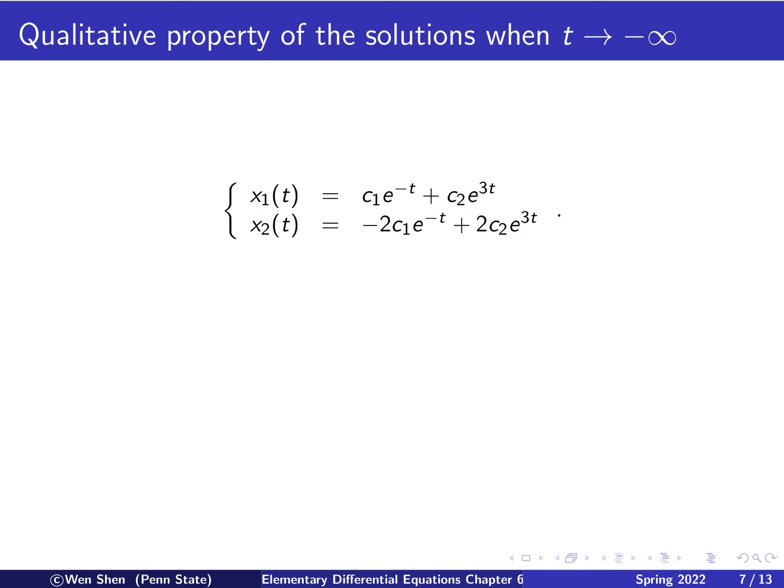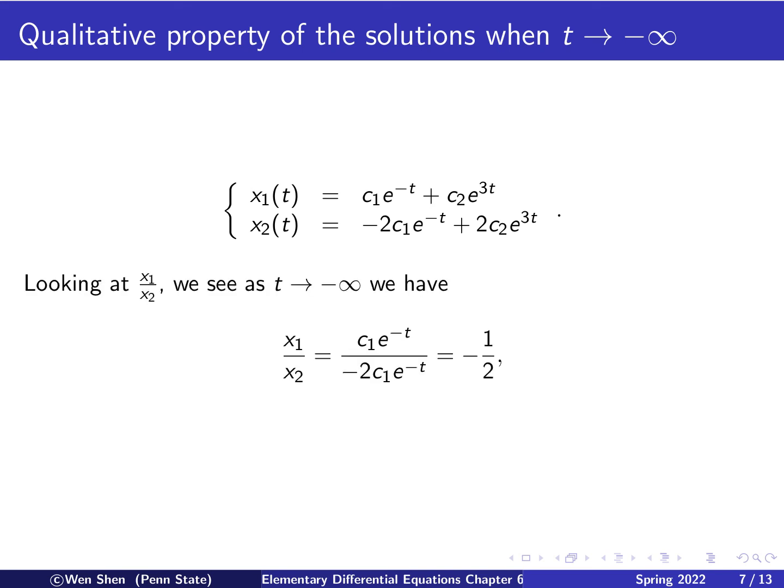Now let's also look at the other case, when t goes to negative infinity. Assuming you can solve the problem in reverse time, you want to know long ago what the solution was that eventually becomes the value I have now. Let's look at the asymptotic behavior of the relation between x1 and x2.